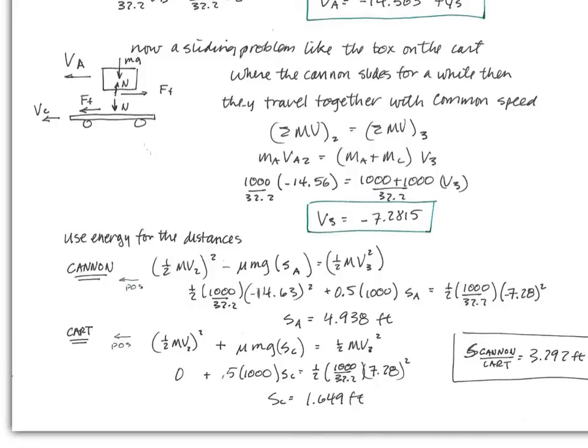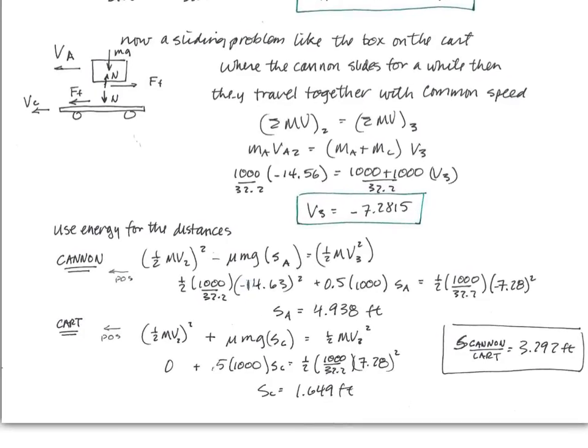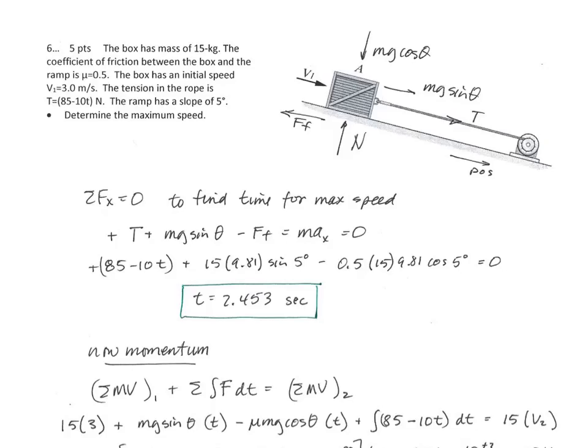And again, in the end, the cart is going the same speed as the cannon. So it has that same friction force, that equal and opposite friction force, and I get the distance that the cannon moves throughout this whole process as 1.6, and then the distance the cart moves relative to the cannon is the difference there.